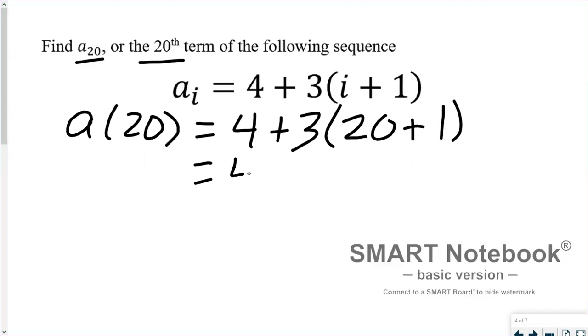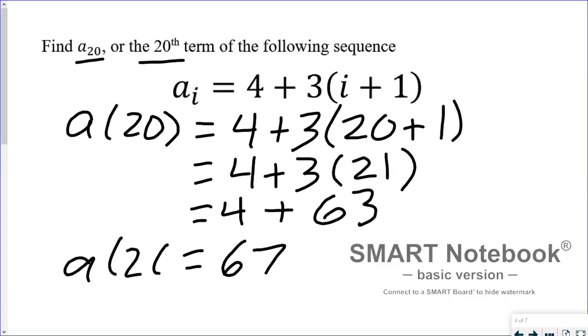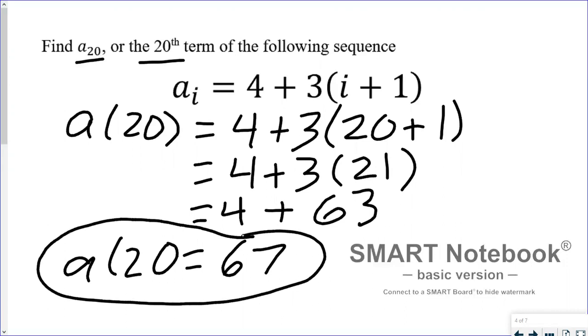So copy down the 4 plus 3. 20 plus 1 is 21. 3 times 21 is 63, plus 4, and that's equal to 67. So A20, or my 20th term, is 67, and we are done.